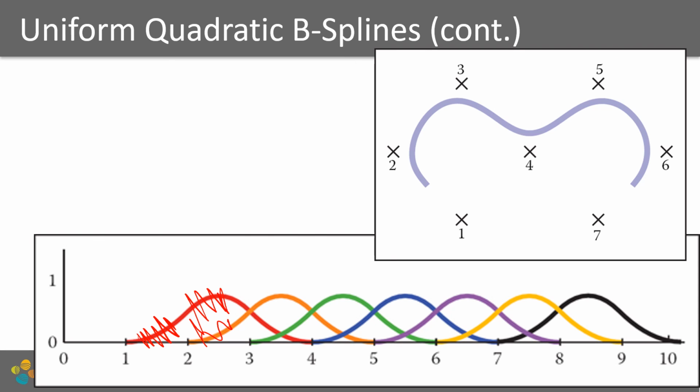The summing up to 1 starts actually from the node 3. And here we can see that the value for the first point, on the interval between 3 and 4, will be weighted with this part of the segment, the red part.